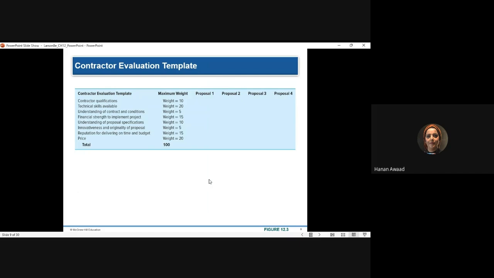So, for example, this is a weighted matrix for evaluation. So I will set my criteria. Contractor qualifications, technical skills, understanding of the contract and the conditions, capability, for example, of solving the issue, the financial strengths.